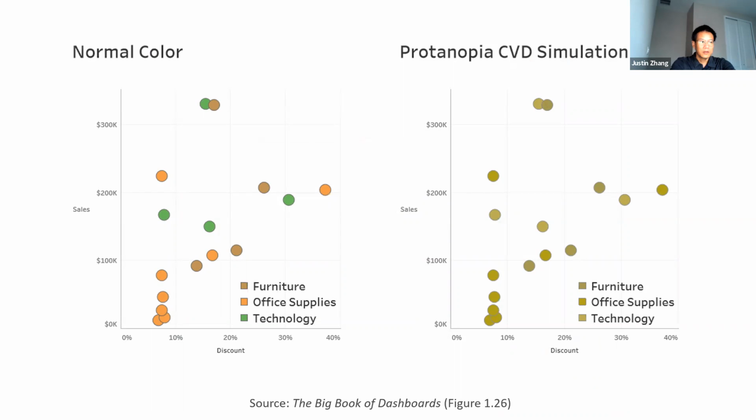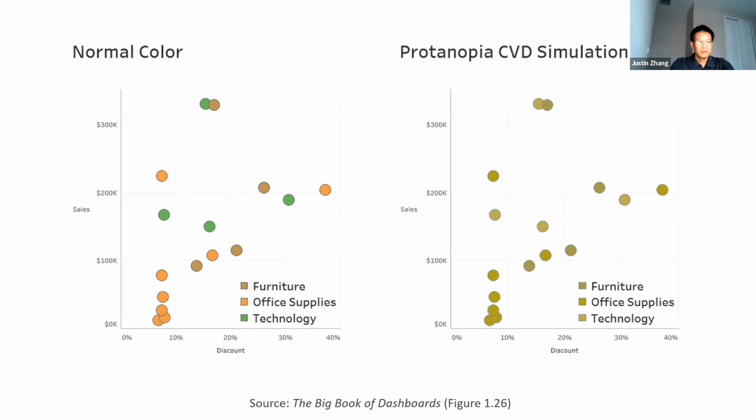So keep in mind that it's not just the red and green that actually cause the trouble for people with CVD. People in the data visualization community tend to discuss red and green more than other colors, probably because the traffic light colors are still prevalent in business intelligence and visualization software.